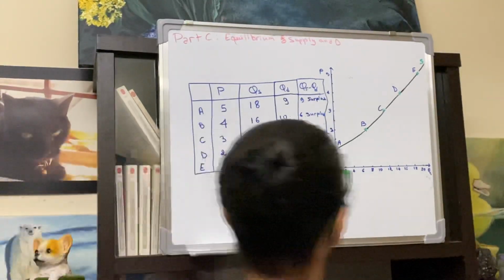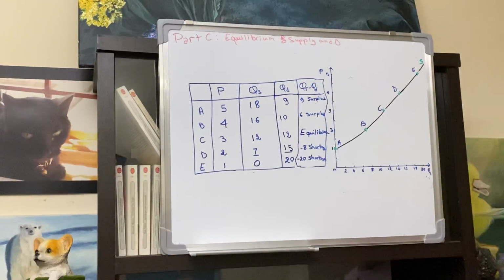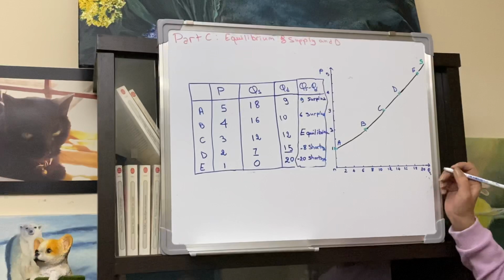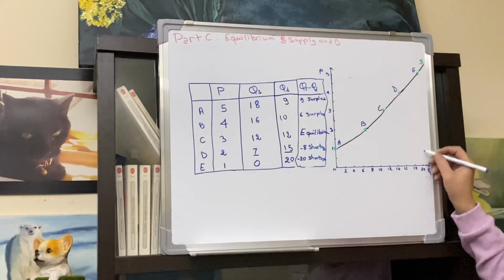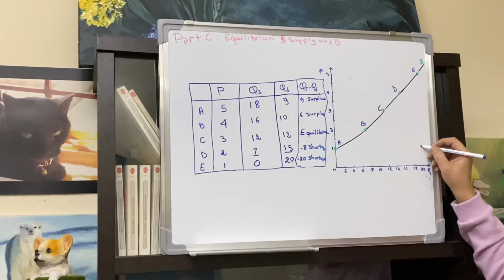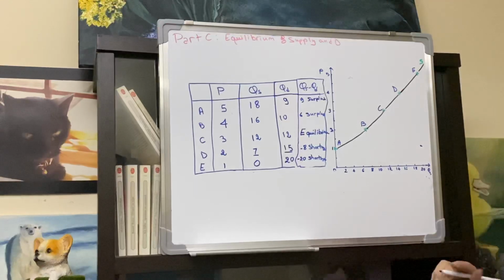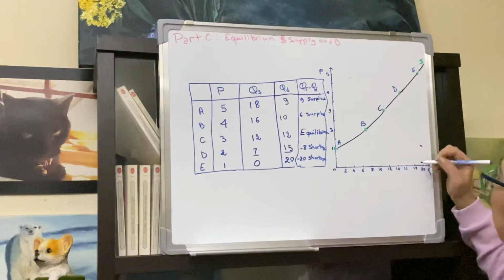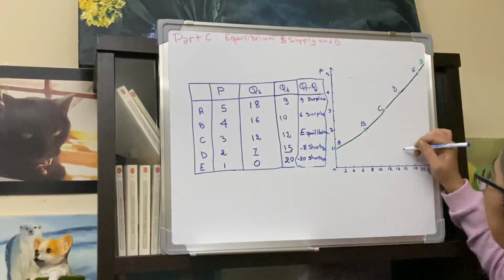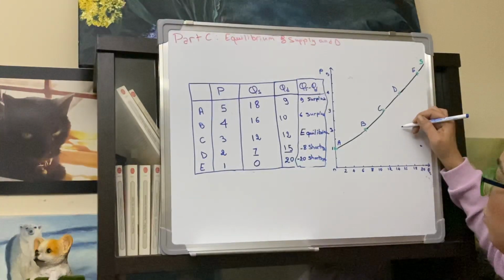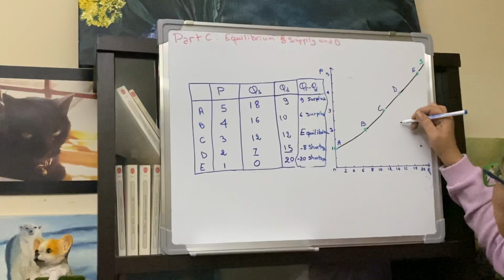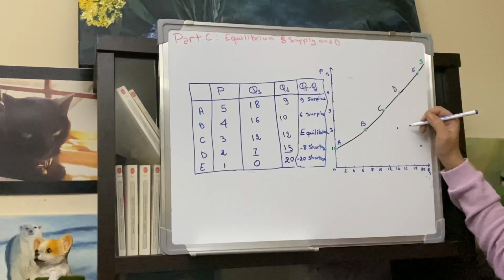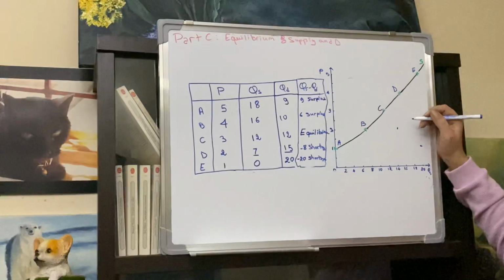Let's go here. So I have 20 as the last quantity for the demand, and that would be at price 1. I'm going to do it roughly, okay? 15 would be over here, and that would be for price 2, roughly.